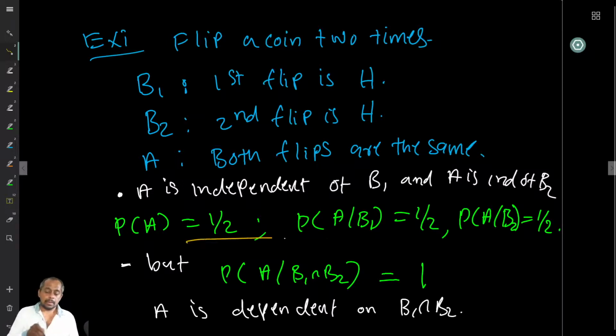But on the other hand, if you look at probability of A given B1 intersection B2, where B1 and B2 both have happened, then the probability of A is actually 1.